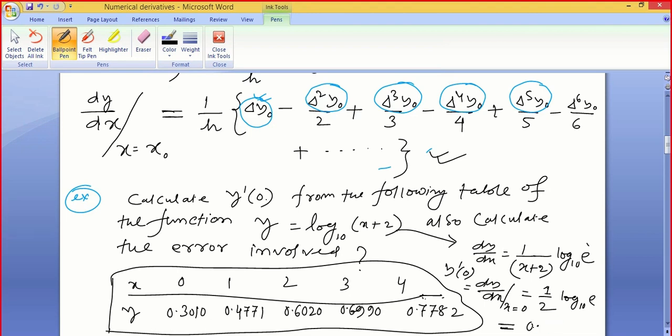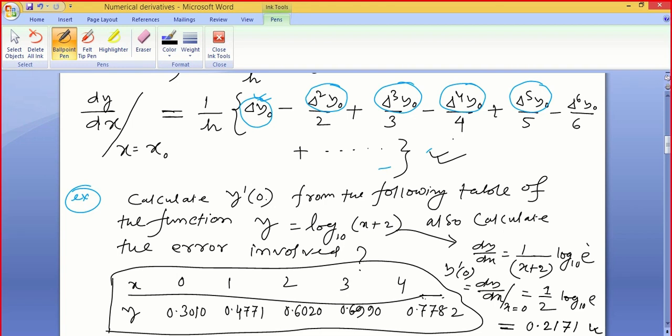Obviously 0.86. Why 86? What is the value of log 10e? The value of log 10 base e will be 0.217, sir. 0.217. Log 10e looks like it will be 0.45, I don't know, but if you calculate and divide by 2, it will come as 0.2171. Okay. Yes, sir.